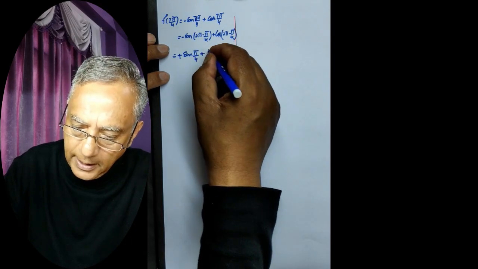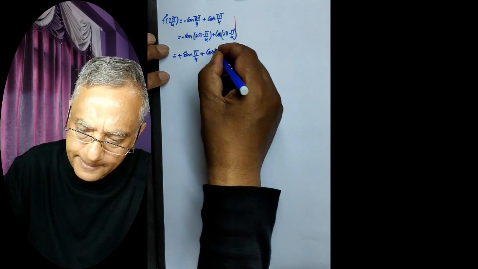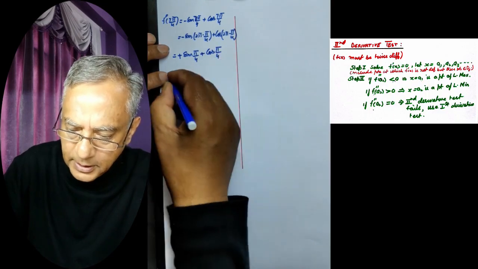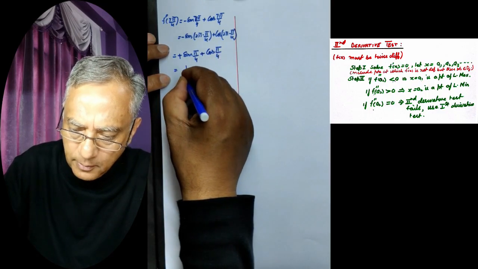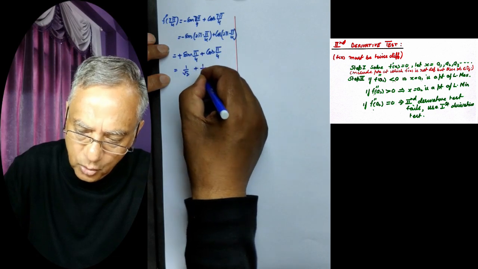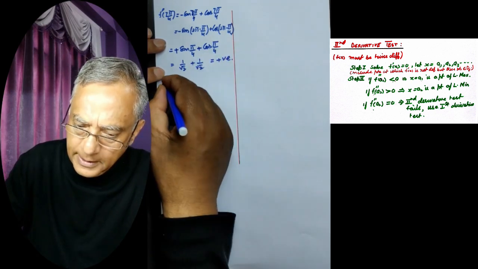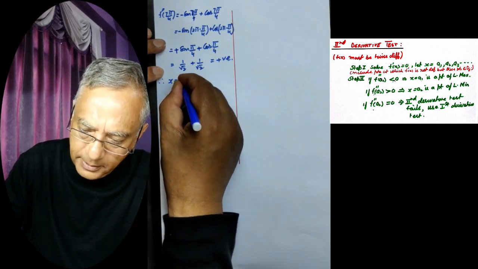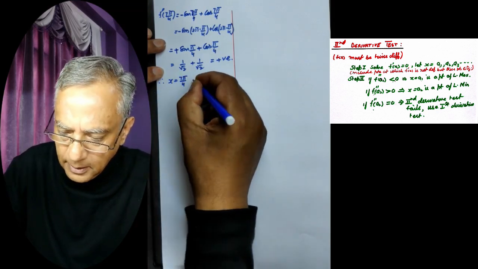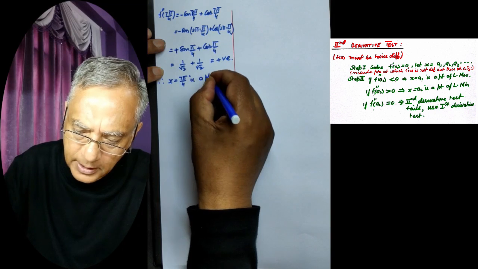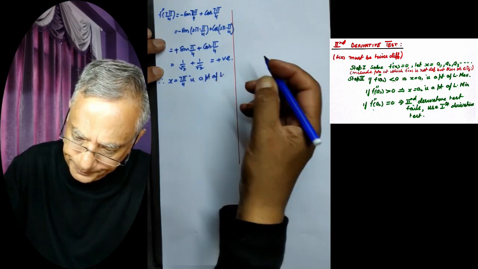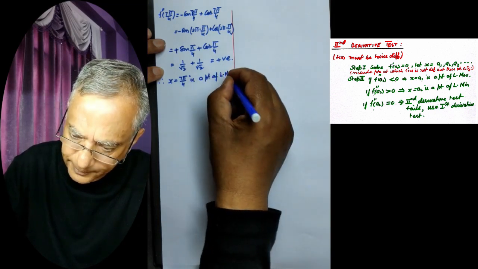So we will have cos of pi by 4. So this is 1 by root 2 plus 1 by root 2, which is positive. Therefore x equal to 7 pi by 4 is a point of local minimum.